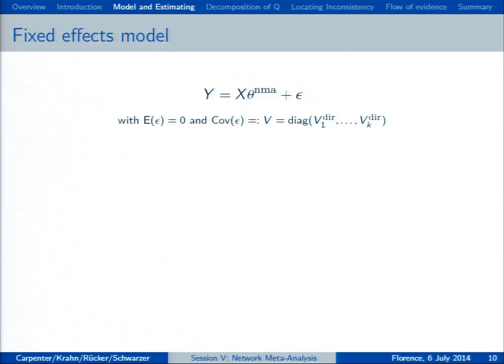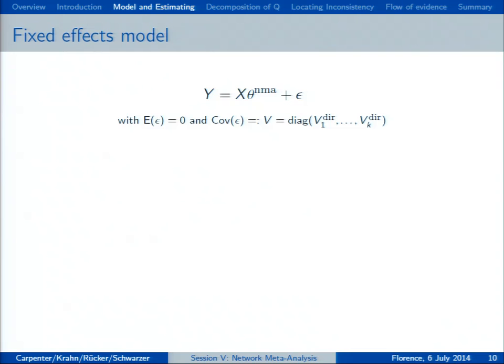So first I will present the fixed effect model using the approach of reducing dimensions. This is shown here with y, the vector of observed treatment effects. Each two-arm study gives one entry, and each multi-arm study with p treatments gives p minus 1 entries to this vector of observed treatment effects.